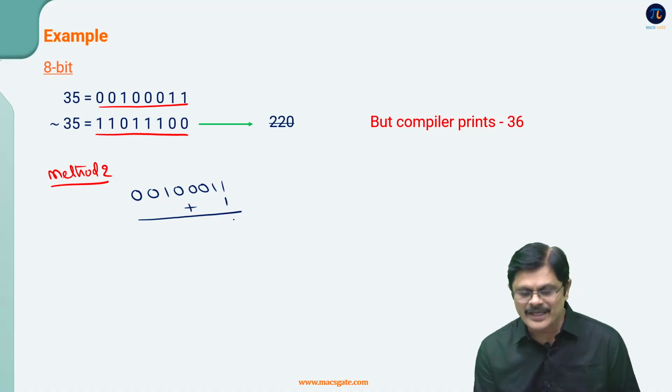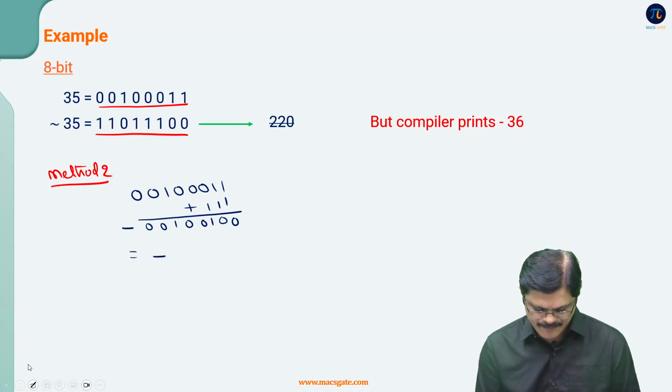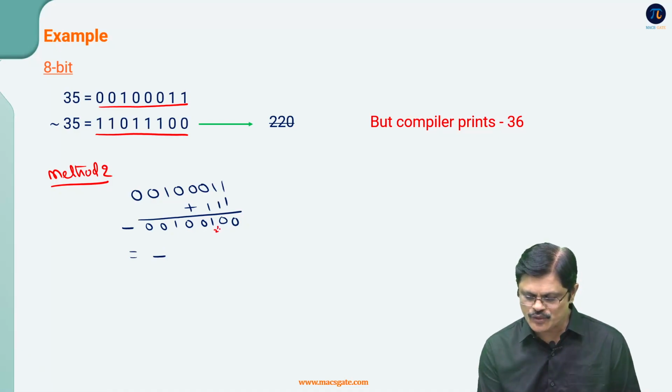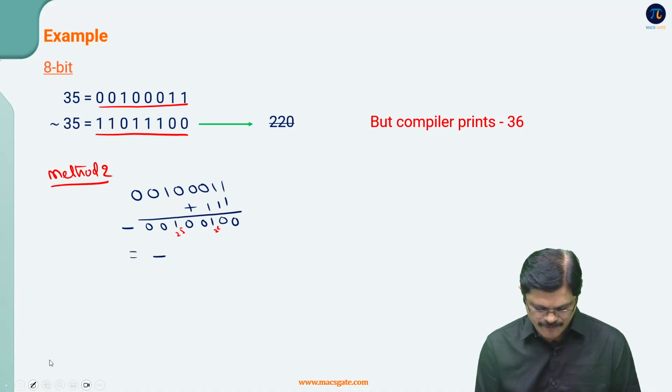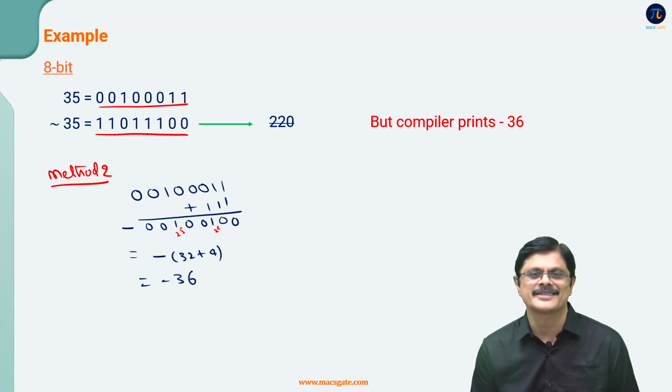So, 1 plus 1 is, do not write 2 sir, it is a binary addition 1 0, 1 plus 1 1 0, this is 1, this is 0 0 1 0 0. So, this is your answer, minus of that is your answer. So, when you write the corresponding binary representation, so here it is 2 power 0, 2 power 1, 2 square, 2 cube, 2 power 4, 2 power 5. So, it is 2 power 5 which is 32, 2 square which is 4. So, the answer is minus 36.